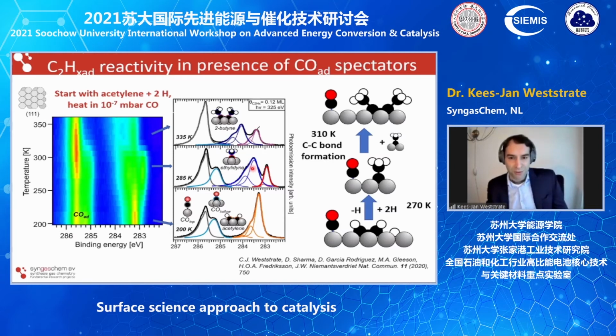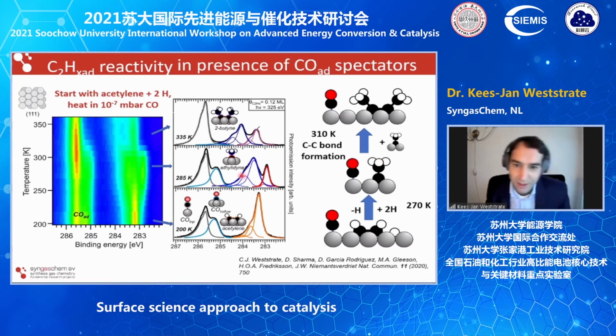And from the shape of the spectrum in our XPS technique, we can see that now we have formed another species, which happens at around 270 Kelvin. The species that we form is ethylidyne, CCH3. So what happens in presence of CO is that this species is transformed into this species. That's one surface reaction that we see happening on our surface.